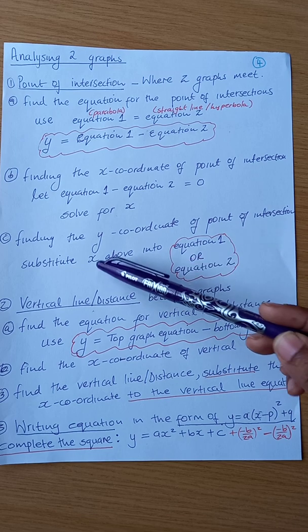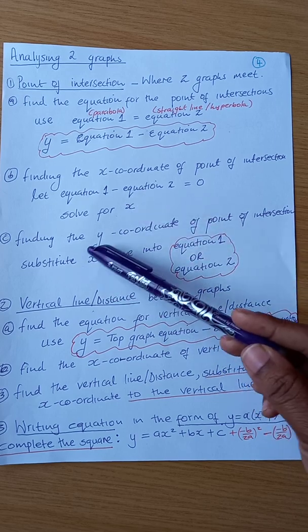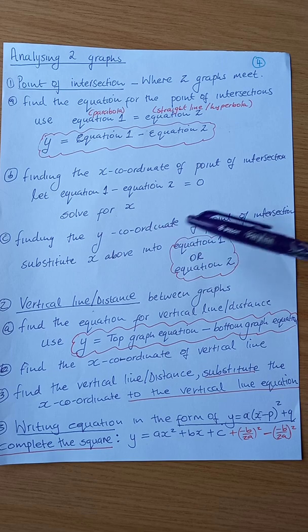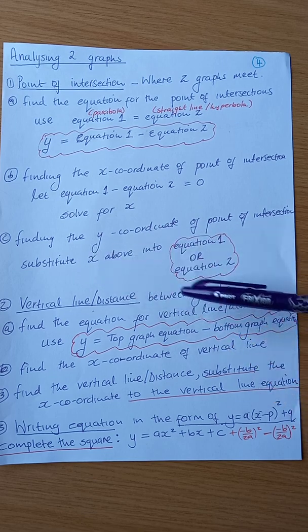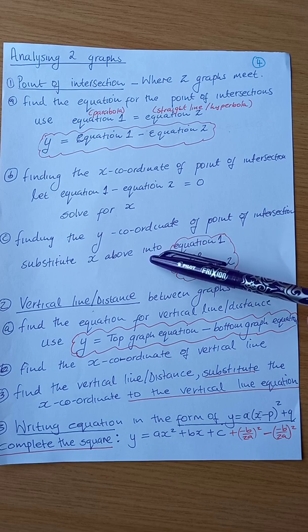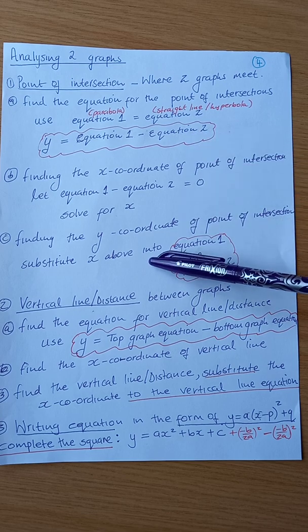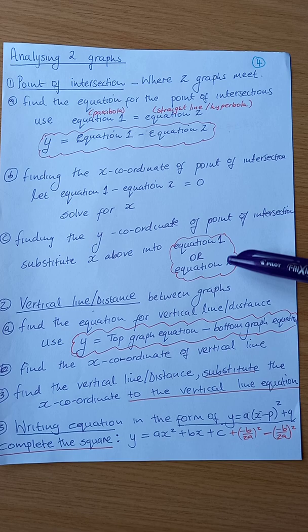If you have two x coordinates, substitute the first x on one of the equations and the second x on one of the equations as well. Please do not substitute on the equation of point of intersection. Substitute on either equation 1 or equation 2. Now you would find your points of intersection.